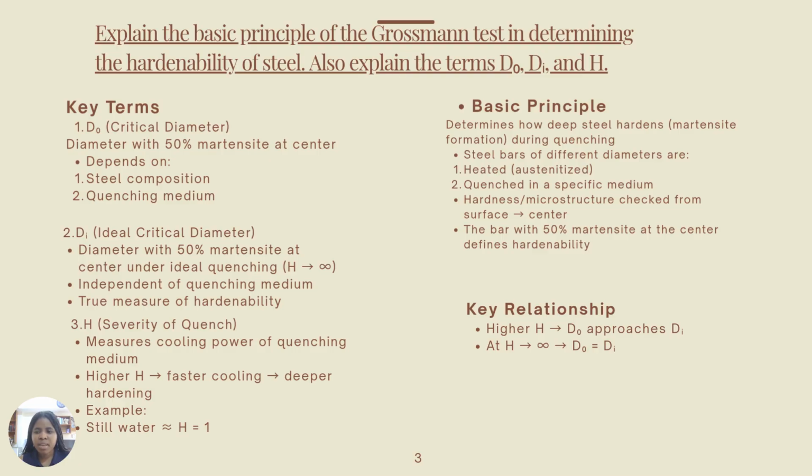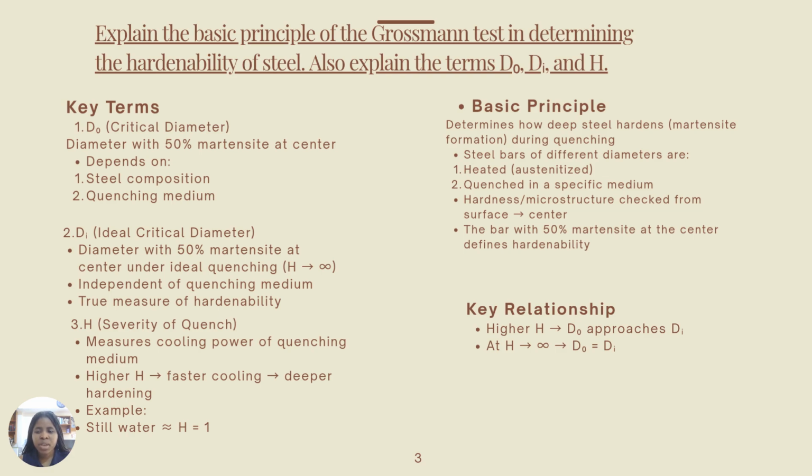We take several cylindrical steel bars with different diameters. We heat them until they become austenite and then cool them rapidly using a quenching medium like water or oil. After that, we cut the bars and examine the structure from the surface to the center.